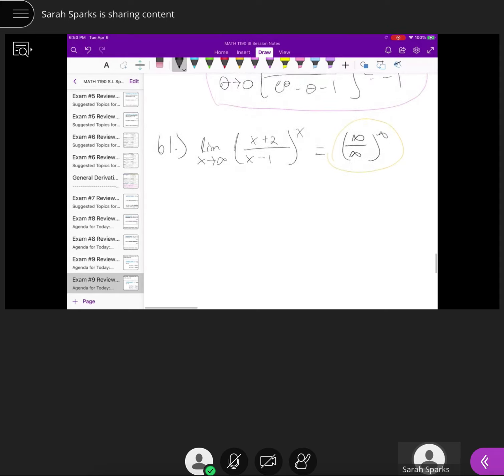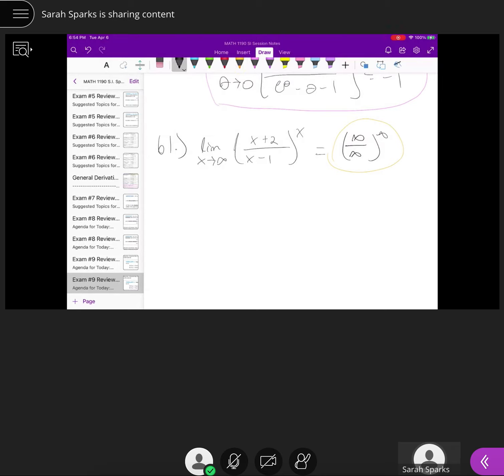That's personally what I would write for that one. I don't know if that's 100% correct, but the main goal is not which indeterminate form this is. It's can you see if it's an indeterminate form and then figure out how to manipulate it in order to use L'Hopital's.